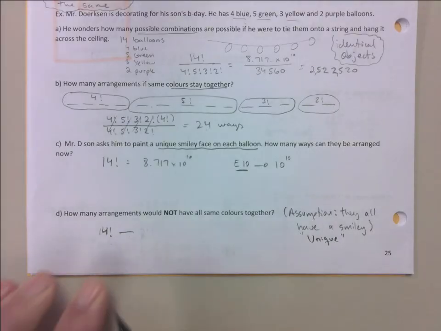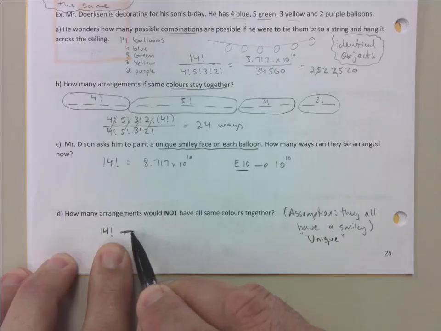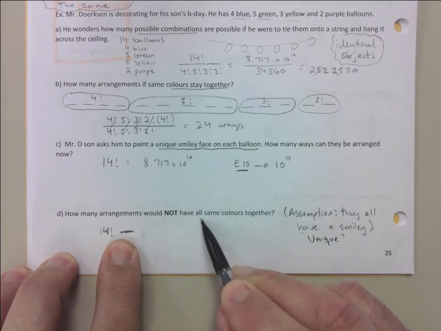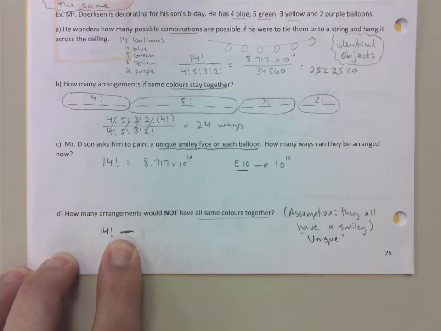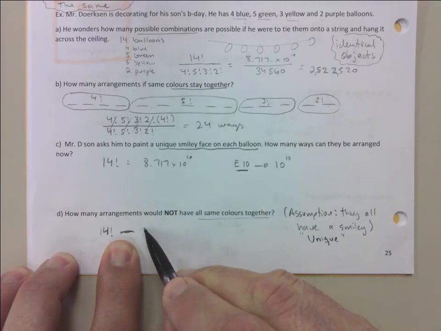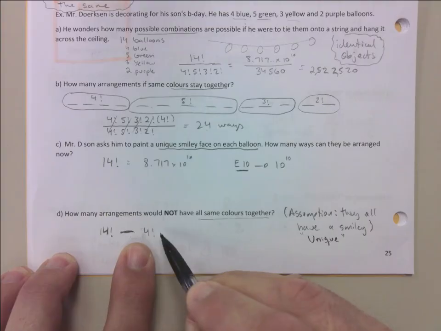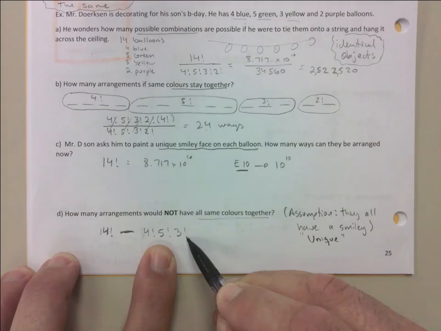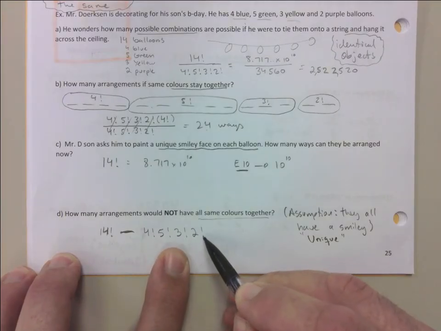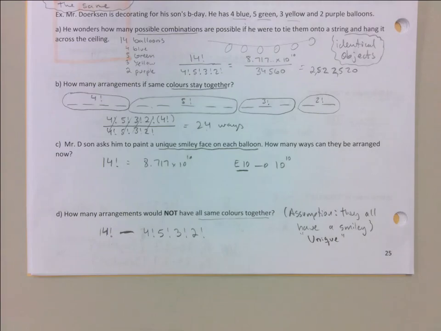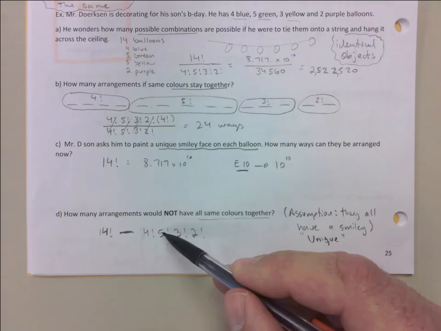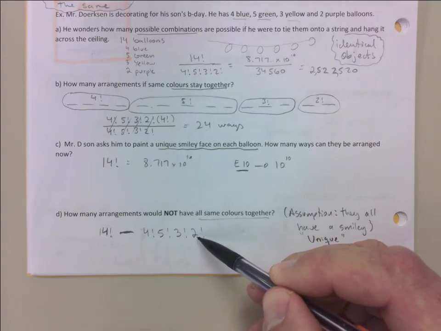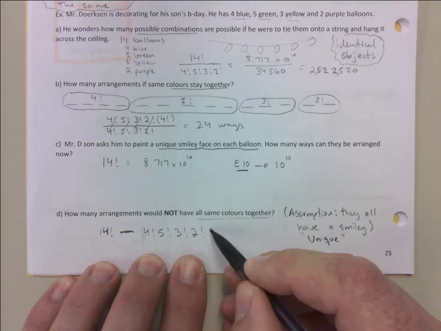14 factorial, right? So you go minus, how would we do all the same colors together in this particular case? We've got 4 blue, 5 green, 3 yellows, 2 purples. So this would be the 4, 5, 3, 2, and what else needs to be tacked on there?